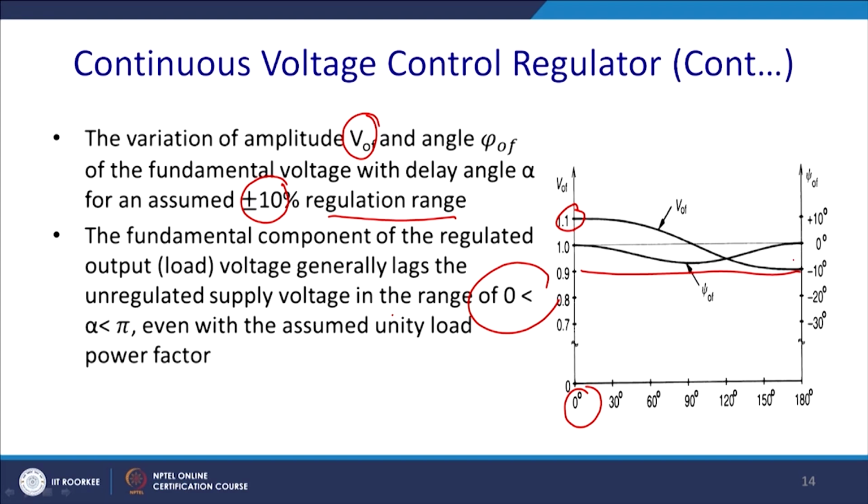Maximum lagging phase will occur in and around 90 degrees. This will be the phase change due to the 10% tapping; if the tapping changes, then the phase angle also changes. So, what about the harmonics?